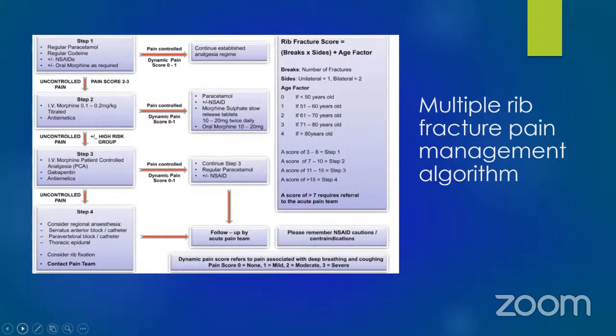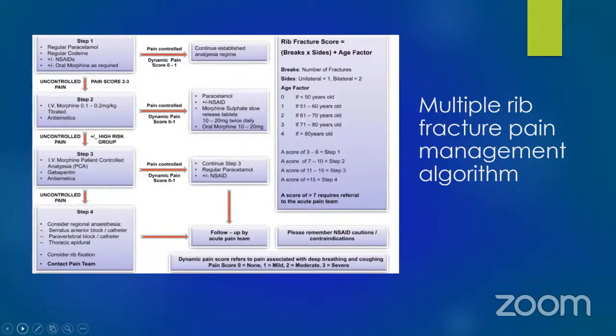In case of uncontrolled pain with or without high risk group, we have to proceed to step 3. Step 3 involves intravenous morphine, patient-controlled analgesia, gabapentin, and antiemetics. If the pain gets controlled in step 3, we continue step 3 and give regular paracetamol with or without NSAIDs.